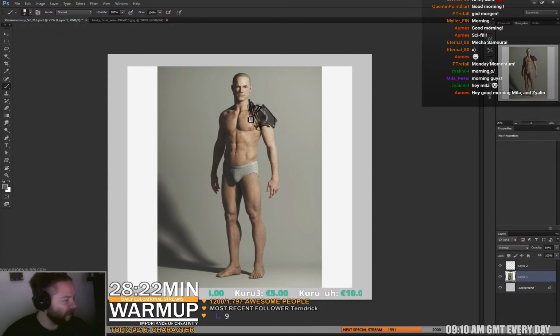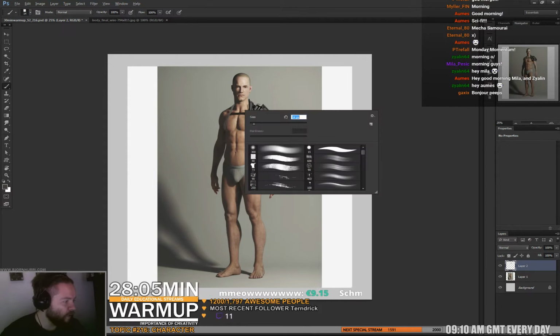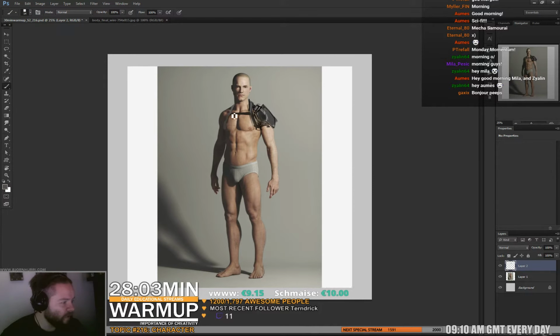So the checklist. Oh no, I'm painting on the wrong layer. The checklist is, of course, all the things I talked about all week last week: what's the purpose, what's the character, what's the narrative, what shapes. So I'm trying to think about those things now that I'm drawing.